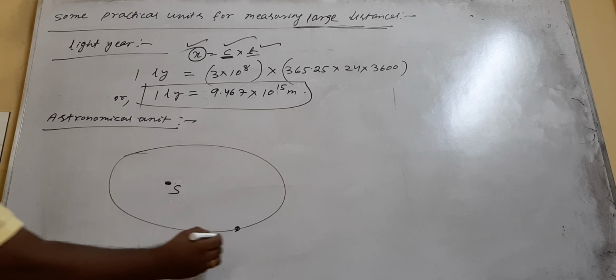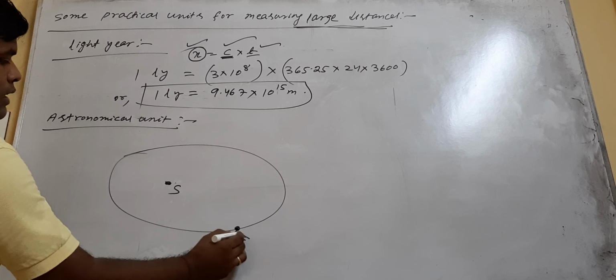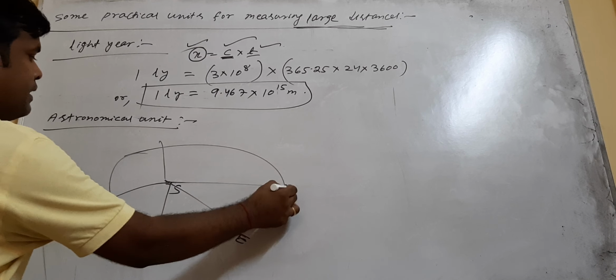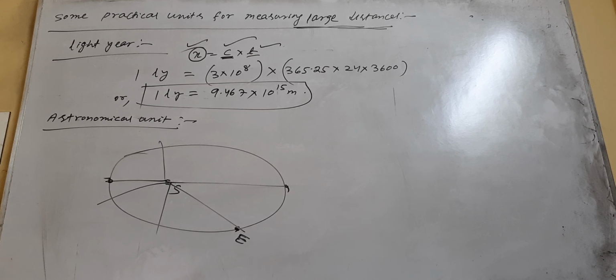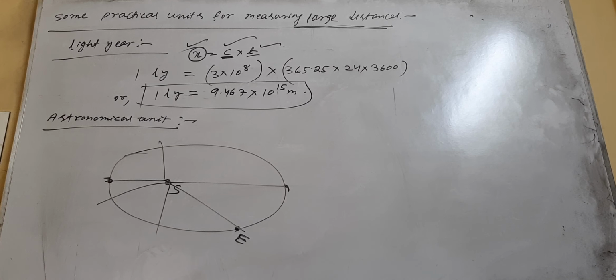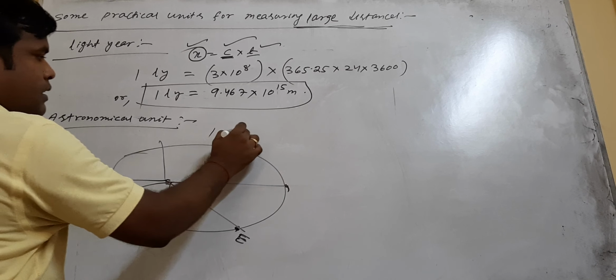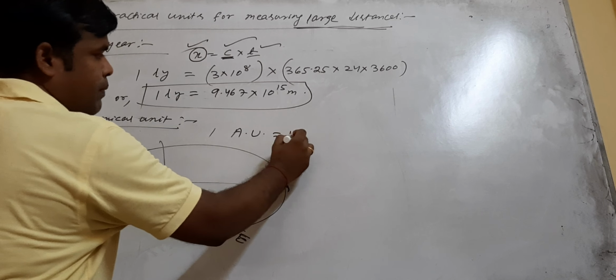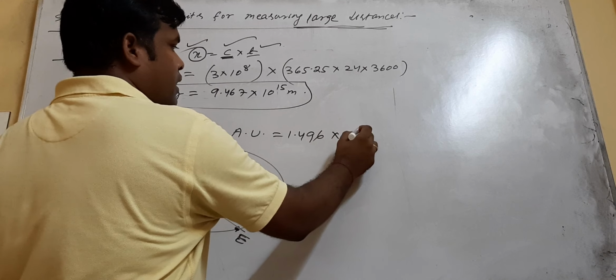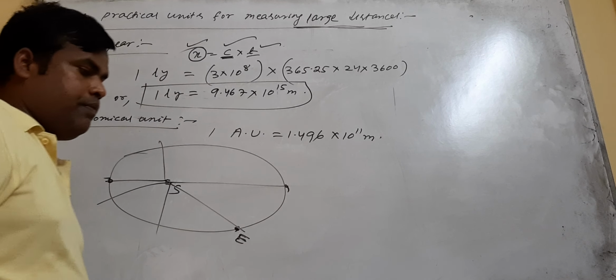So the distance of the earth is not the same always. If here it is maximum, here it is minimum. So the mean distance between the sun and the earth is the astronomical unit. One astronomical unit, you remember, is 1.496 into 10 to the power 11 meter.